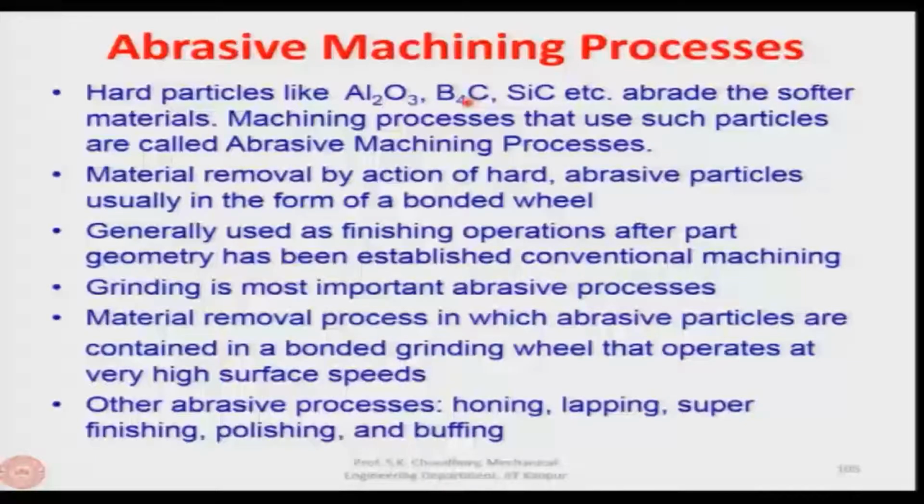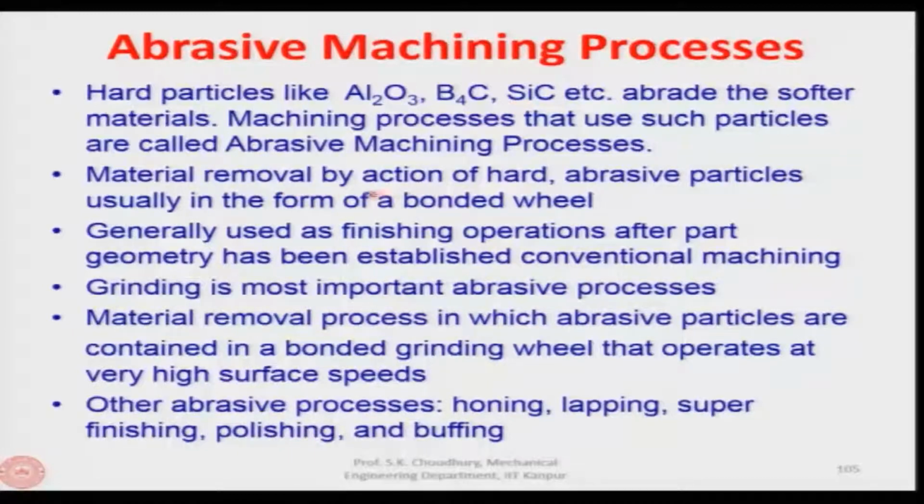Now, hard particles like Al2O3, B4C, silicon carbide actually abrade the softer material, and that is why the machining processes which use hard materials like aluminum oxide, boron carbide or silicon carbide are called abrasive machining processes, you know that.